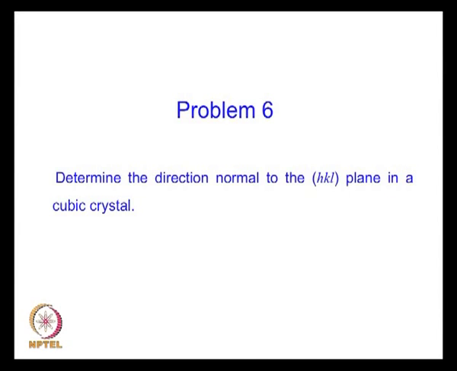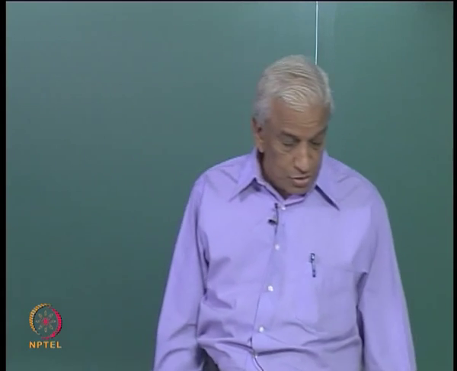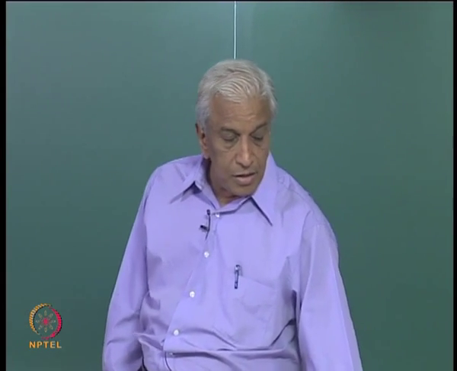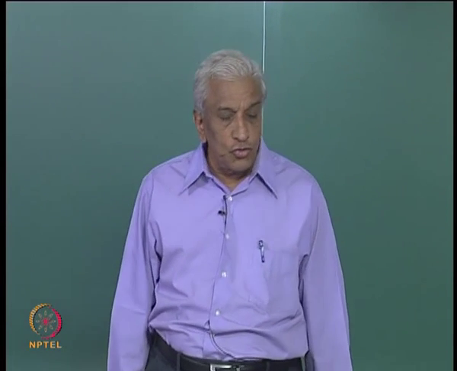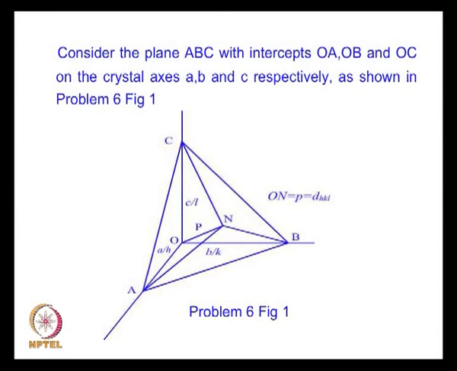The next problem is to determine the direction normal to the hkl plane in a cubic crystal. Figure 2 shows the plane ABC, which has the intercepts OA, OB and OC on the crystallographic a axis, b axis and c axis respectively.